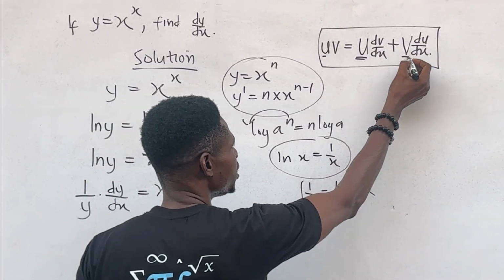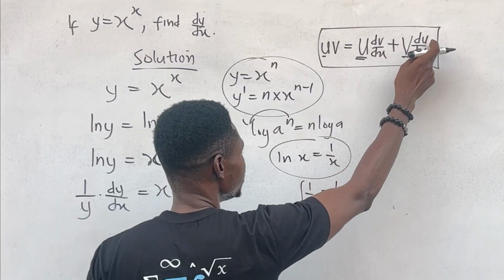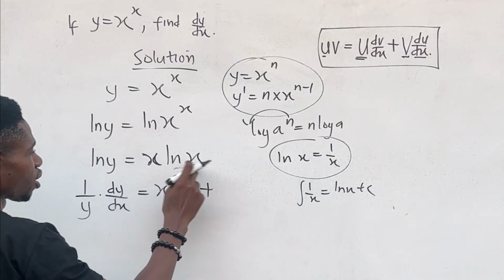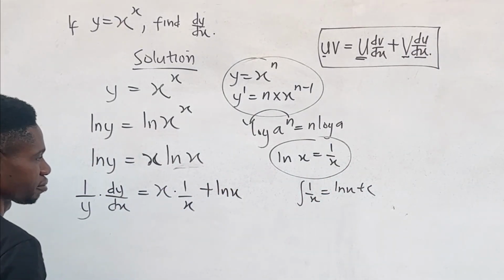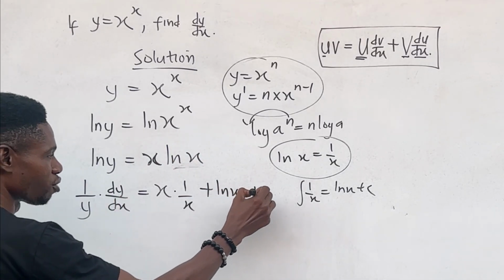Plus v du/dx means write down the second and then differentiate the first. So the second is ln x, times the derivative of the first. If you differentiate x, you have 1.